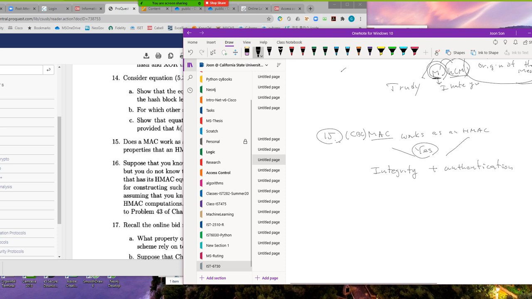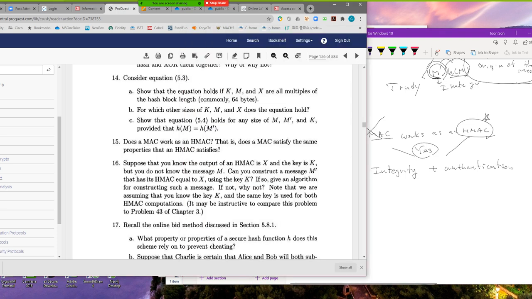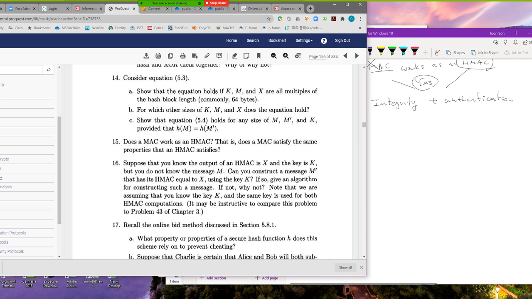So both of them work in a similar way, although not many security protocols use CBC MAC. Most modern security protocols use HMAC. Now, does CBC MAC satisfy the same properties that HMAC satisfies? Yes. Specifically, integrity and authentication.